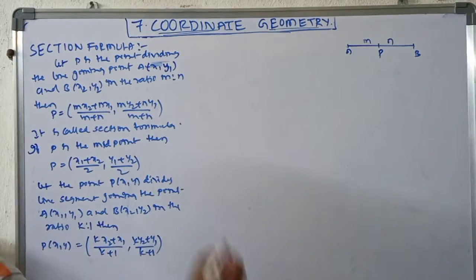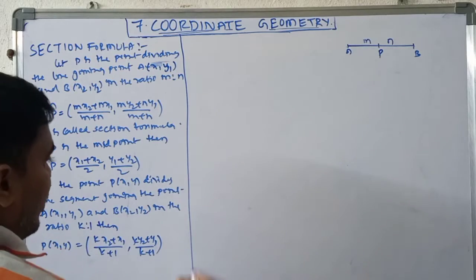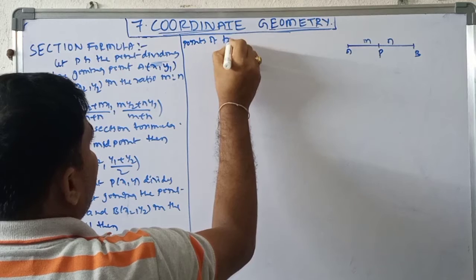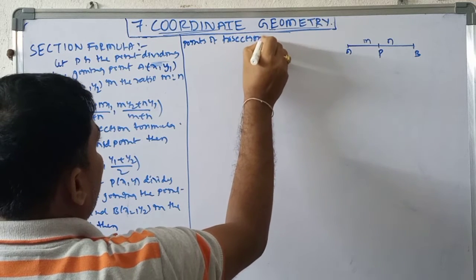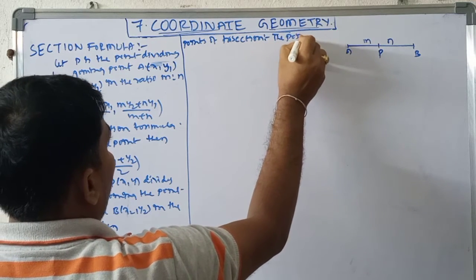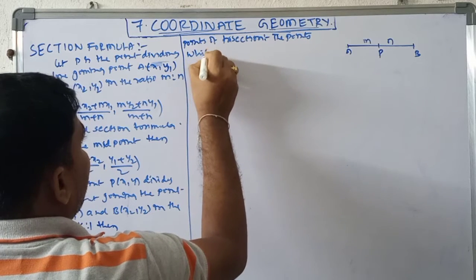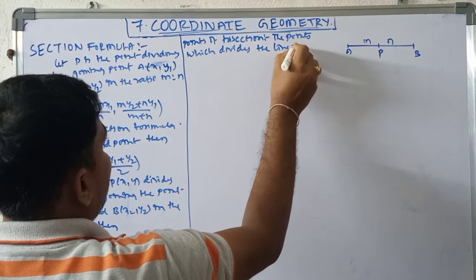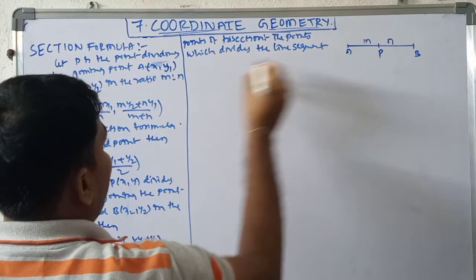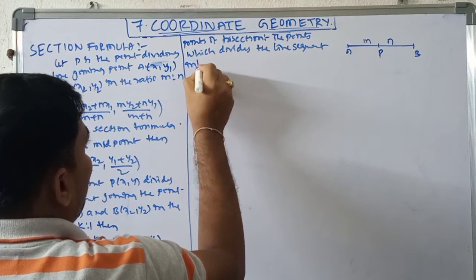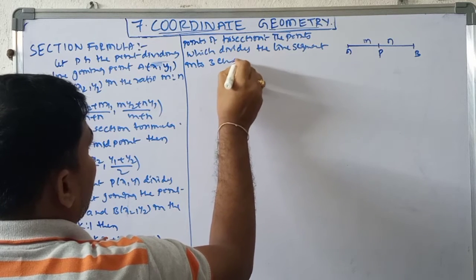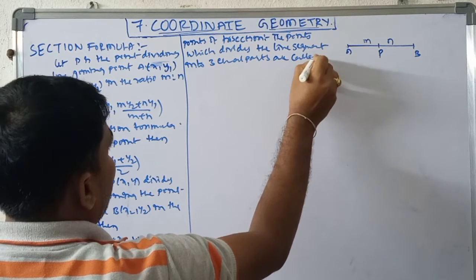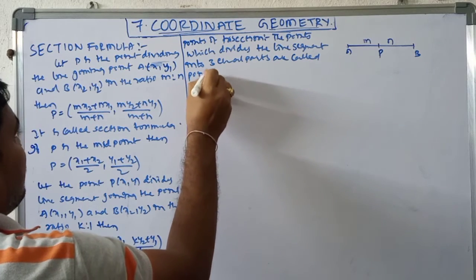Next one, points of trisection. The points which divide the line segment into three equal parts are called points of trisection.